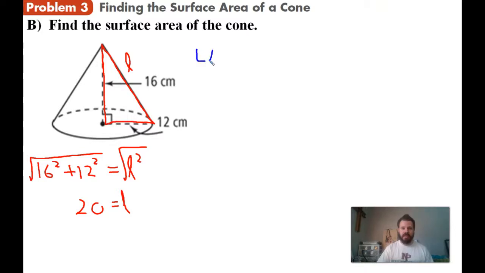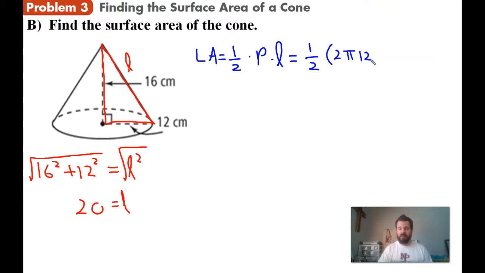All right, lateral area is equal to 1/2 times perimeter of the base times the slant height. So in other words, 1/2 times perimeter of this circle here. I'm going to say 2 pi r since I have the radius, the 12. And then times the slant height we just found, the 20.